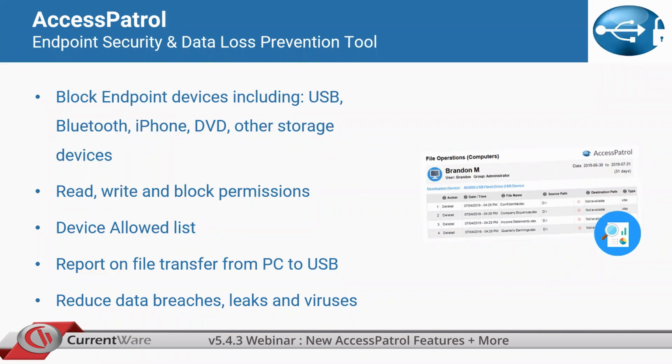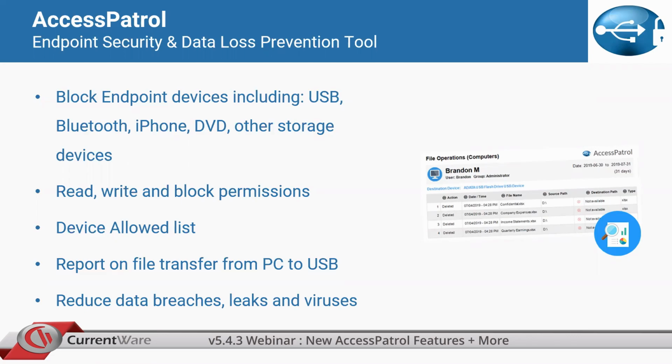Before jumping into the new features, I wanted to cover Access Patrol in general quickly, as Access Patrol was one of the main focuses of this release. Data breaches and data loss, as I've mentioned today, have become more prevalent and more important. Access Patrol's endpoint security and data loss prevention capabilities make it a very popular product and solution in the market today.